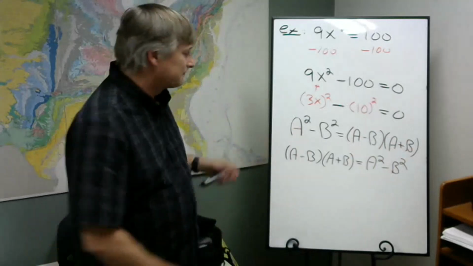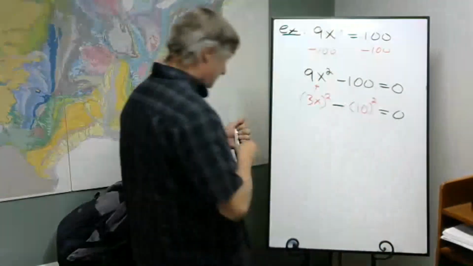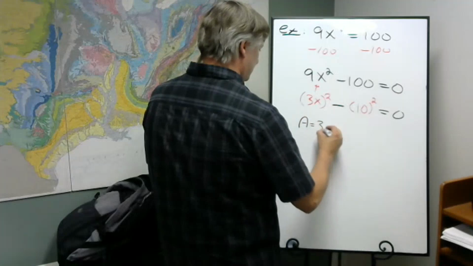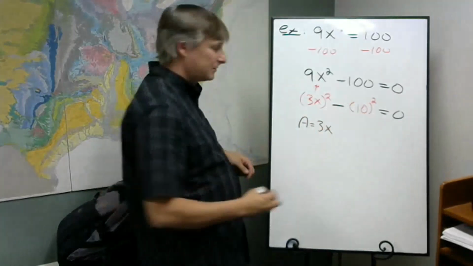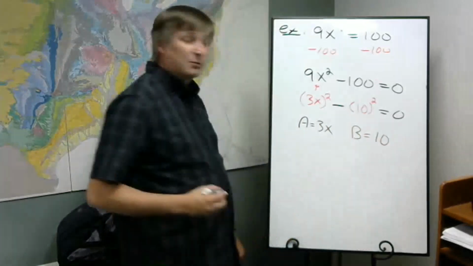So now that we have that, let's follow our pattern. So we can say A is 3x, and B is going to be 10.